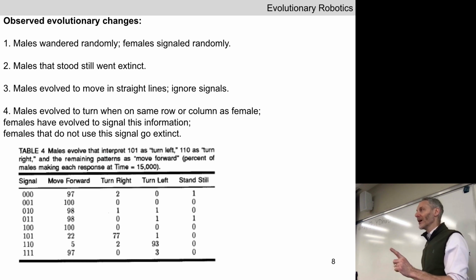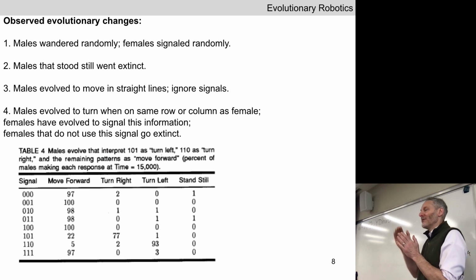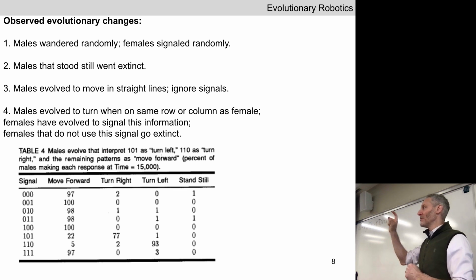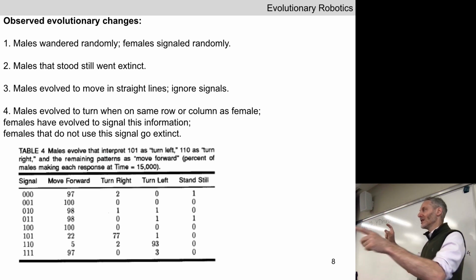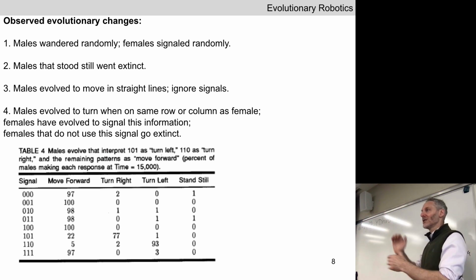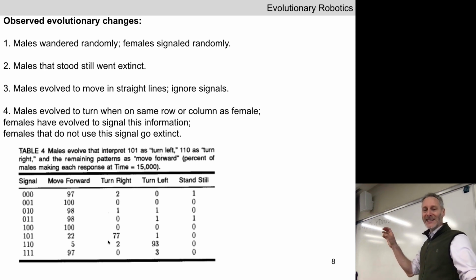No learning going on, just a reminder that learning means that during the lifetime of an individual, its synaptic weights are changing. This is evolution. So throughout the lifetime of a male or a female, however long they live on this grid, their synaptic weights never change. So the males are evolving to selectively do certain actions when they hear certain songs.